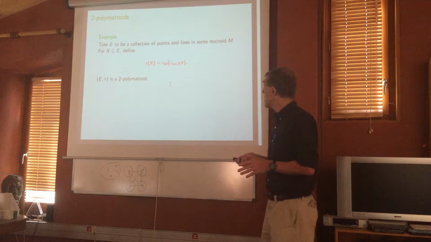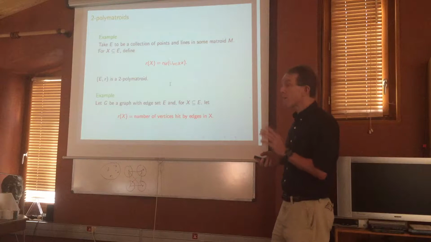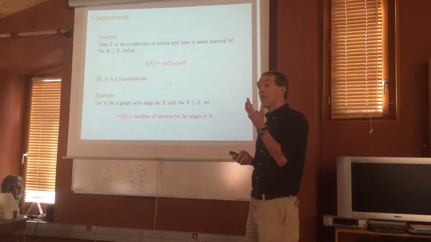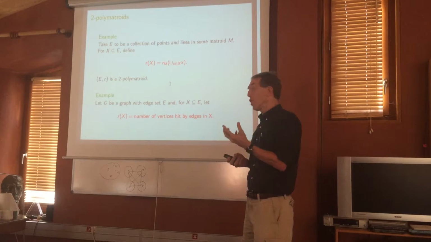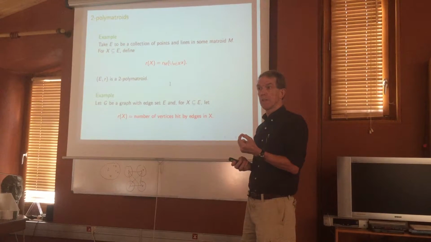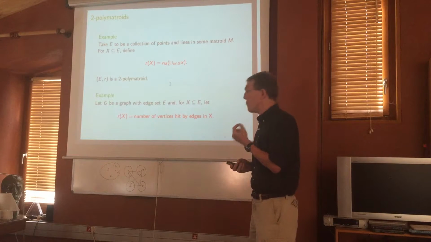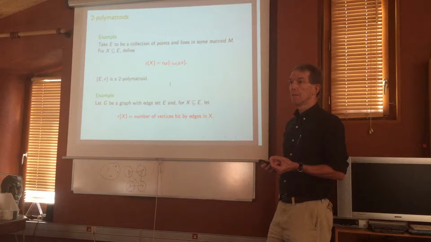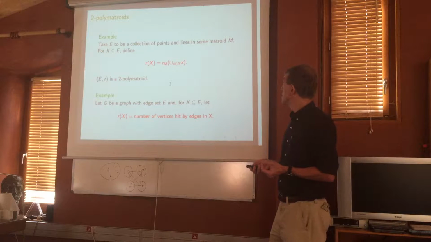Okay, here's another example. Take a graph, edge set E, and then for any set of edges, look at the set of vertices that get hit by that set of edges. The rank will just be that number. Okay, so that's another example of a two-poly matroid.